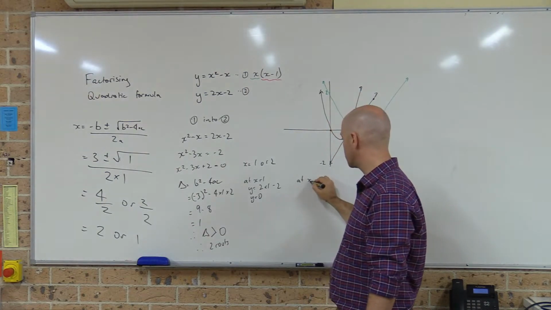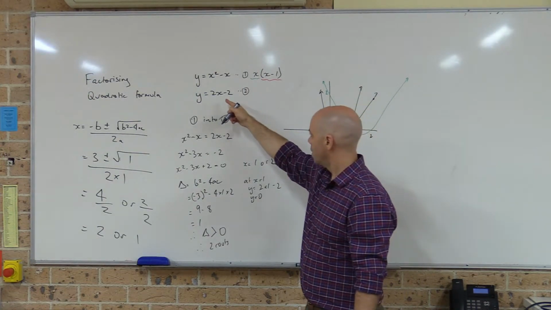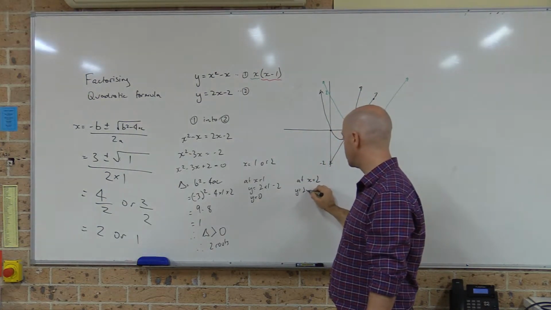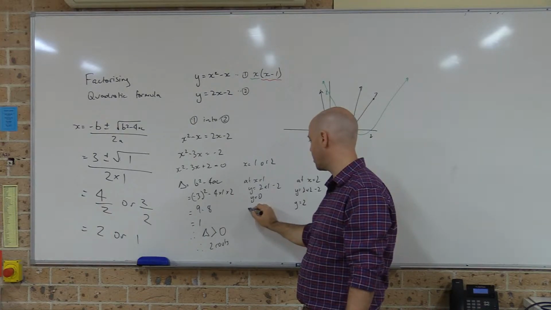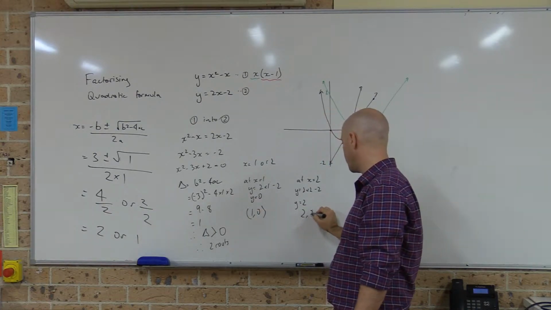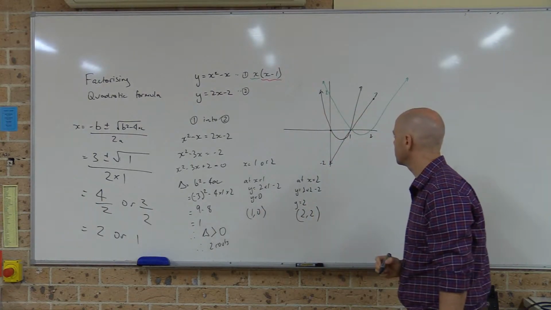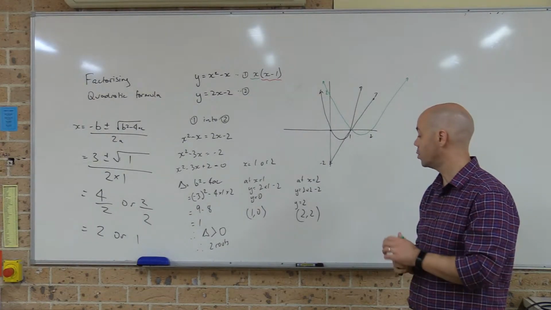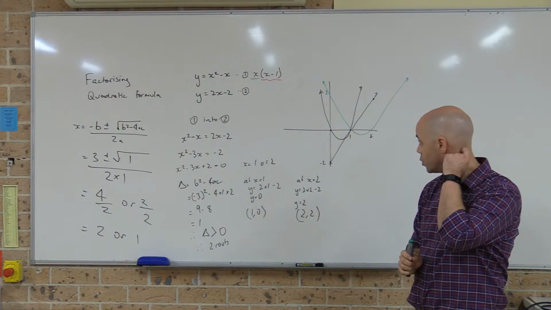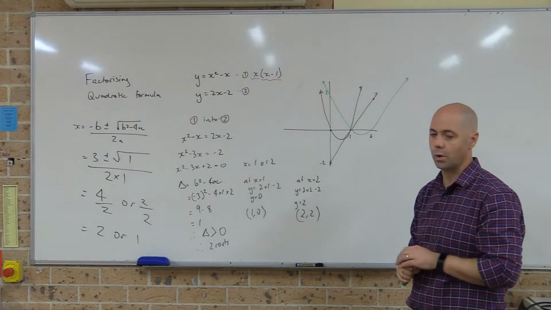And at x equals 2, y equals 2 times 2 minus 2 equals 2. So the 2 points are 1, 0 and 2, 2. They're my 2 points where those two equations coexist.